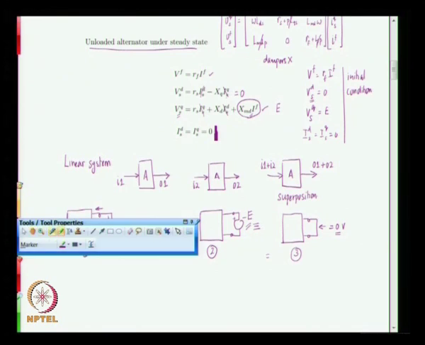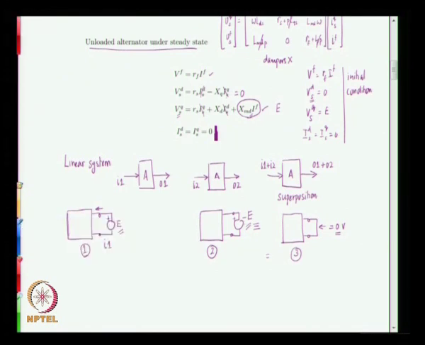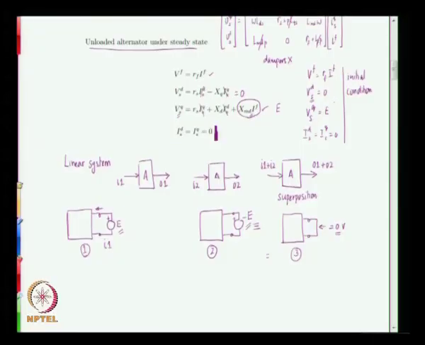And how about the other axis? You are applying minus E on the d axis, and now when you are considering a short circuit of the 3 phases of the stator, the d axis voltage that is applied goes to 0, the q axis voltage is also 0, but however we see that, I am sorry, this is the q axis equivalent circuit, not the d axis. I have been saying it is d axis, that is wrong, this is the q axis equivalent circuit.